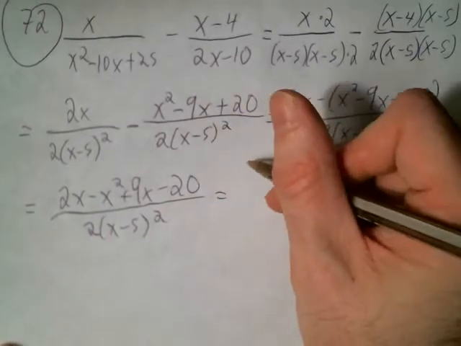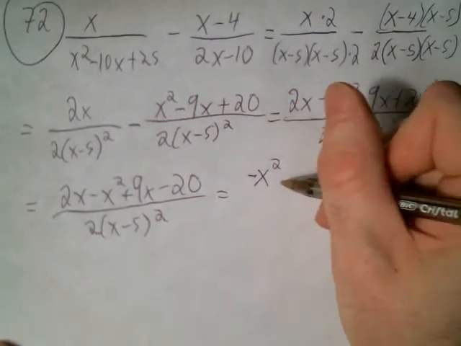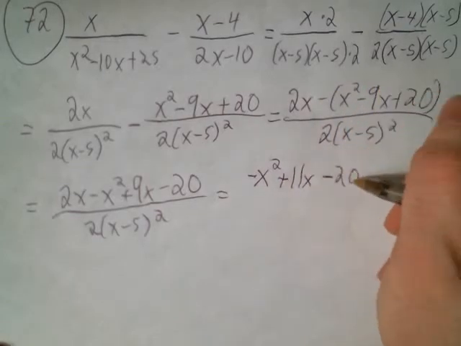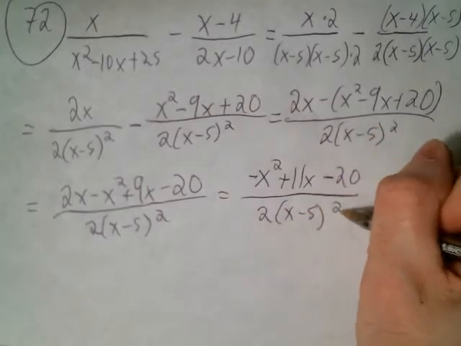Simplify here. Looks like I have a minus x squared plus 9x plus 2x is plus 11x minus 20 all over 2 times x minus 5 squared.